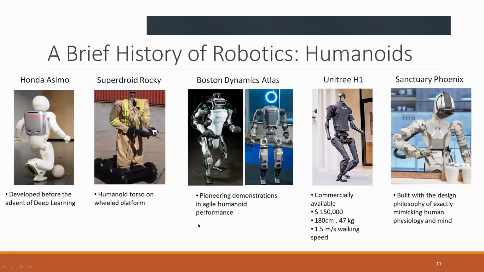Now all these three robot models and robot companies have been working on humanoids after the advent of deep learning, which was in 2012, I guess, after the ImageNet achievements. Now, the Honda Asimo was built in 2004 prior to all the deep learning hype, and all the control algorithms are kind of rule-based algorithms.